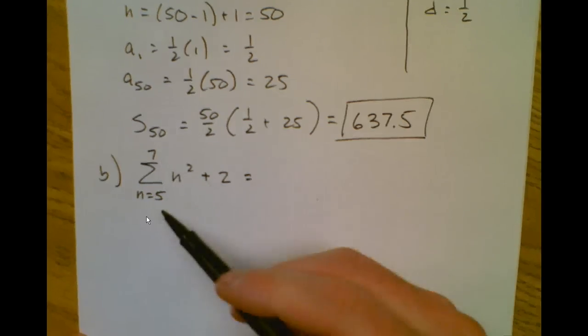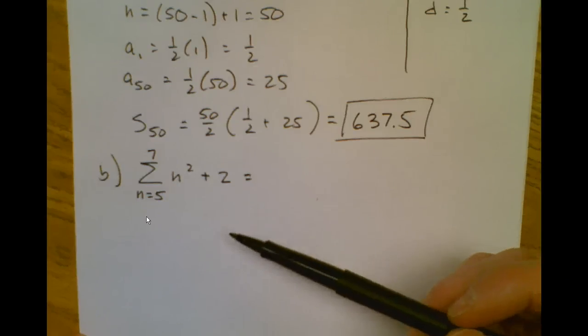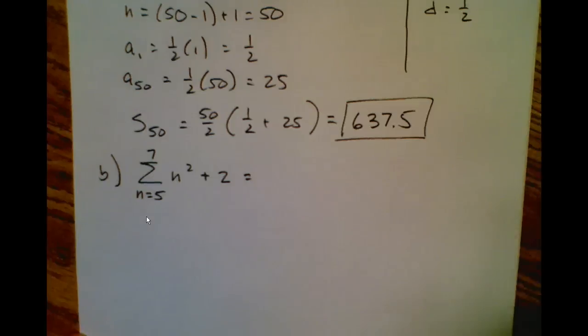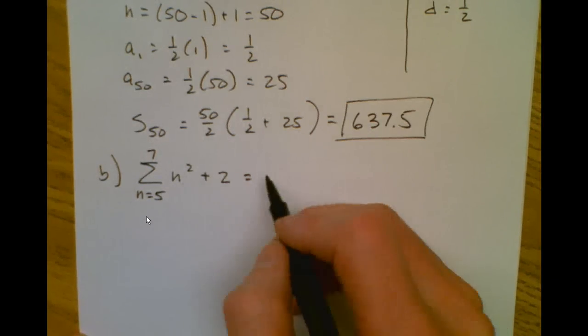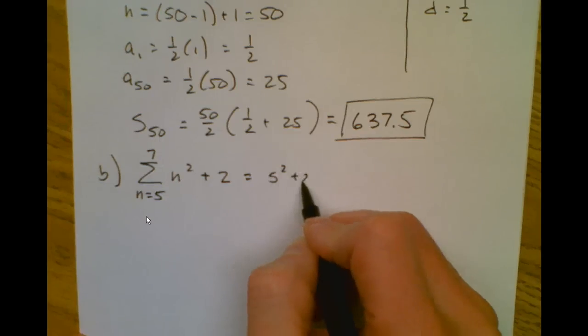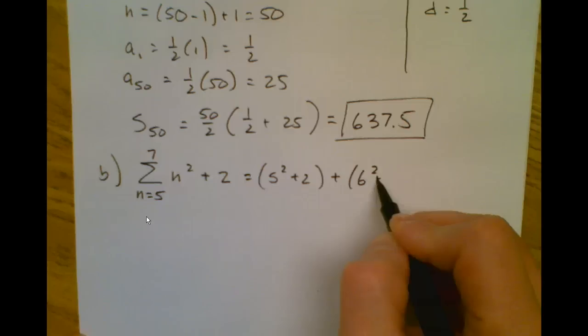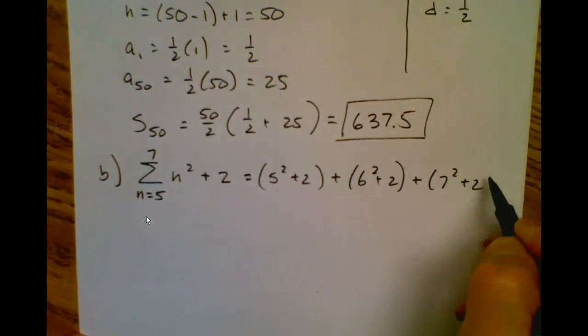So for this one, it doesn't matter whether, if it is arithmetic, you use the formula, but if it's not, then that formula is not going to work. So let's plug in 5 and see what we get. So 5 squared plus 2, and then 6 squared plus 2, and 7 squared plus 2.